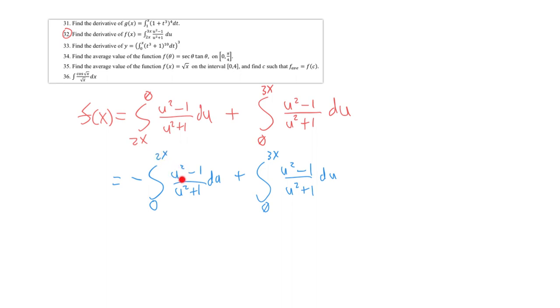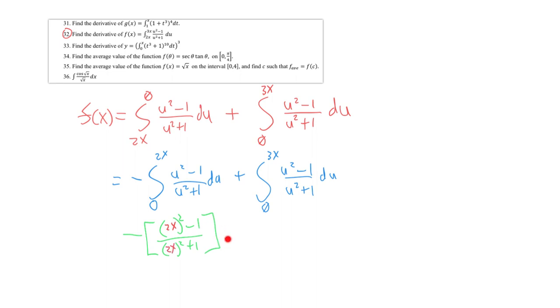But this will result in a chain rule situation. Anytime it's not just x, you're going to have to not only substitute that in there, but you're also going to have to multiply the result by the derivative of this thing, okay? So let's go ahead and do that now. It's going to be negative something squared minus 1 over something squared plus 1. And that something is going to be that 2x, right? So we have 2x.